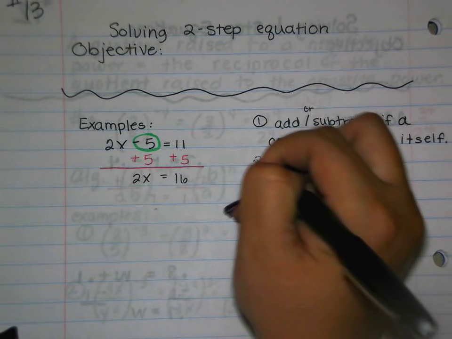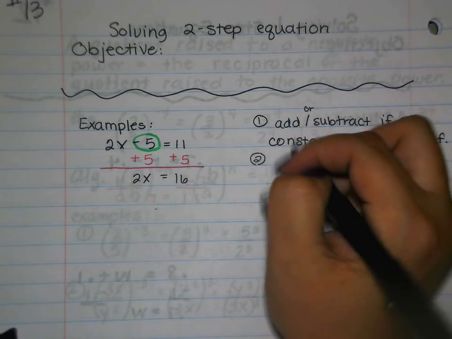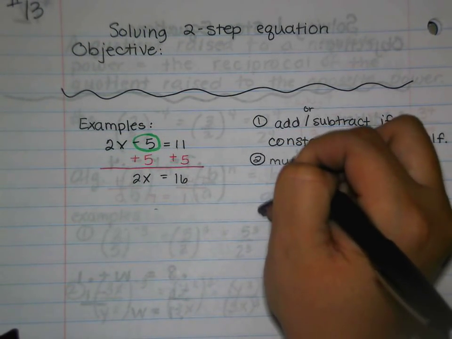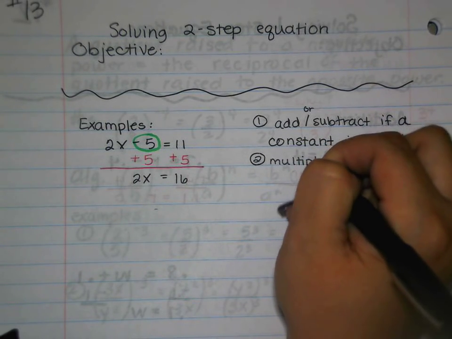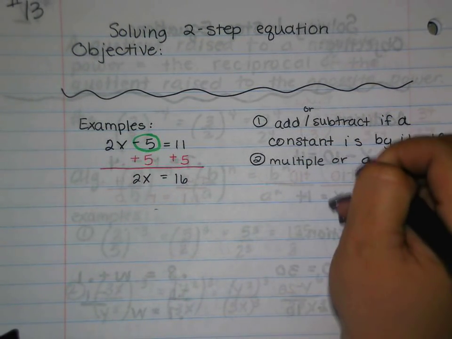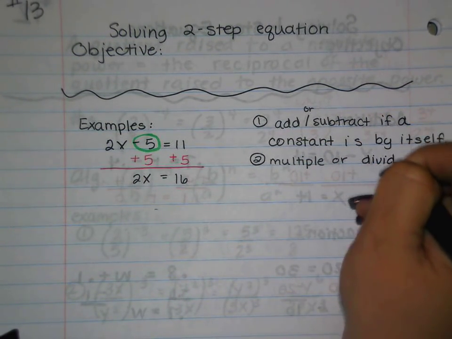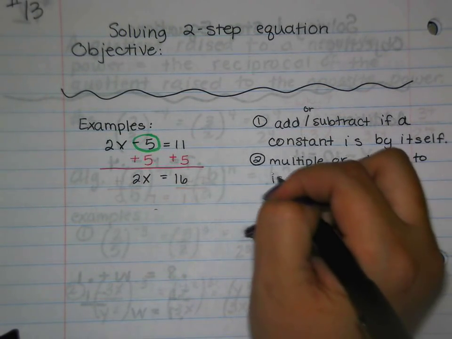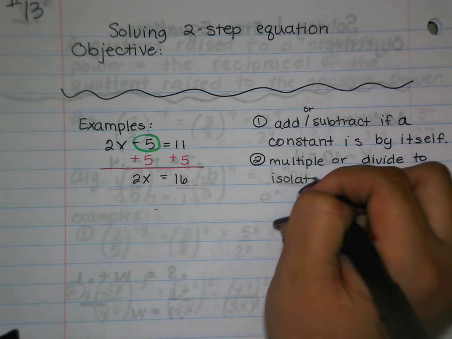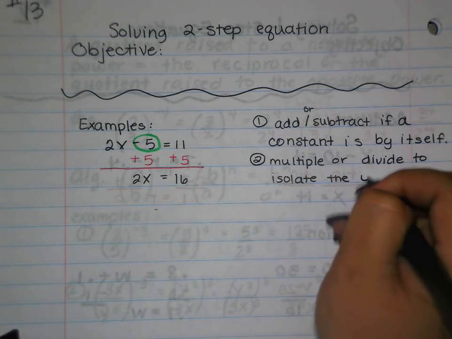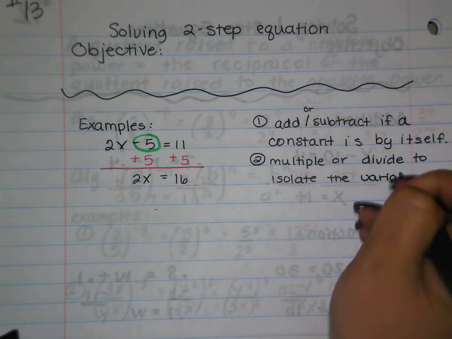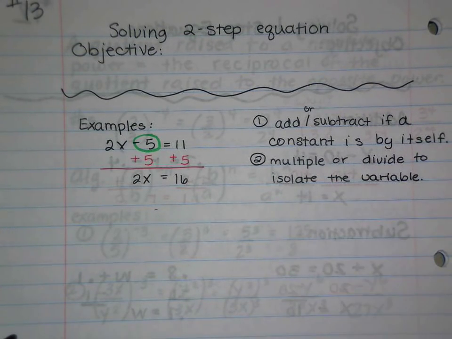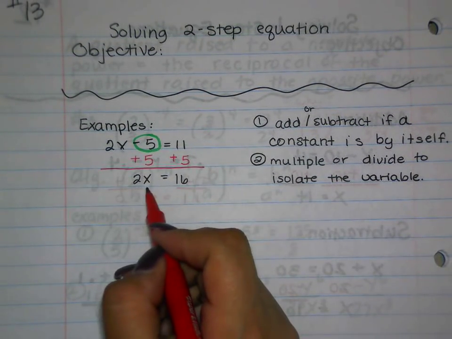So now in order to isolate the variable, which is our next step, we're going to multiply or divide, depending on how that number is connected to the constant, to isolate the variable. You see here that we have a 2 connected to the x.